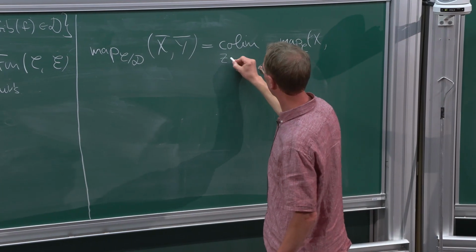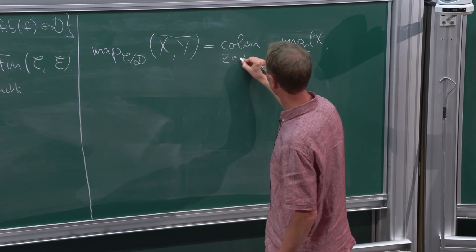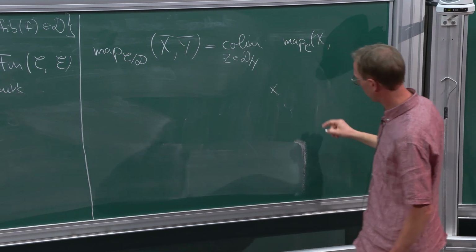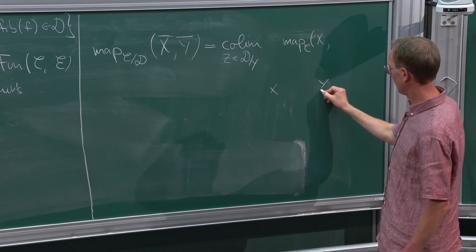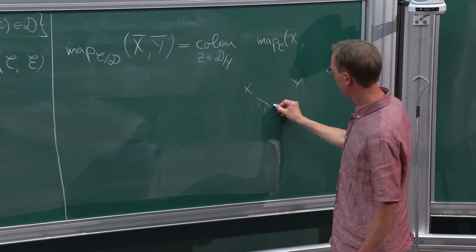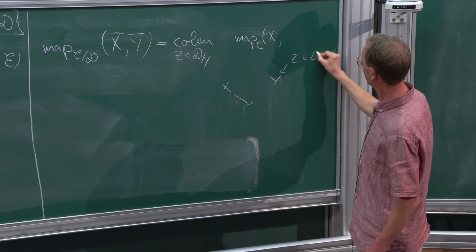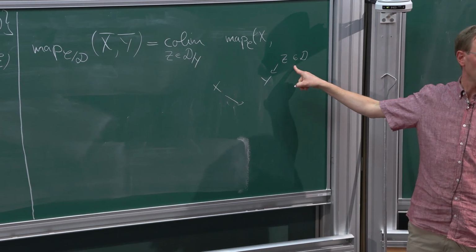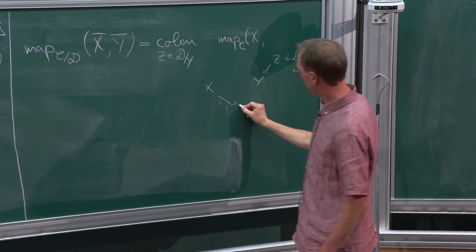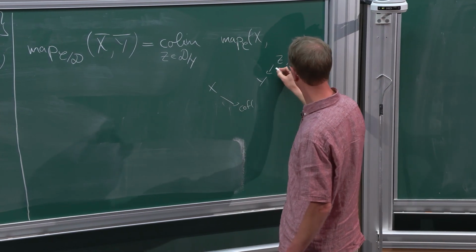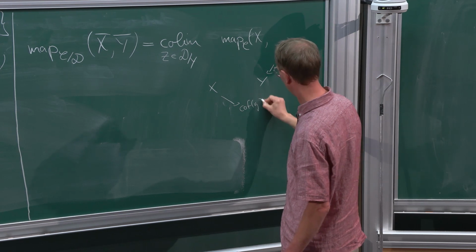You look at any Z in the slice category D over Y. You should think of these somehow as triangles like this. You have a Z which is in the subcategory D that you are modding out, and then you can look at a map to the cofiber of this. Let's call it G.